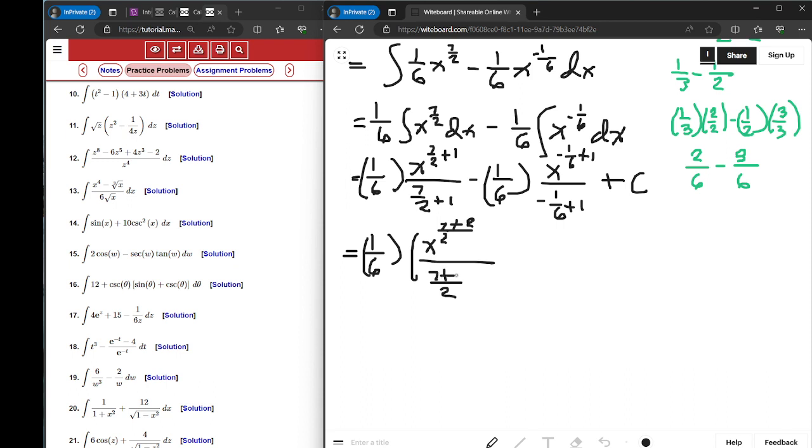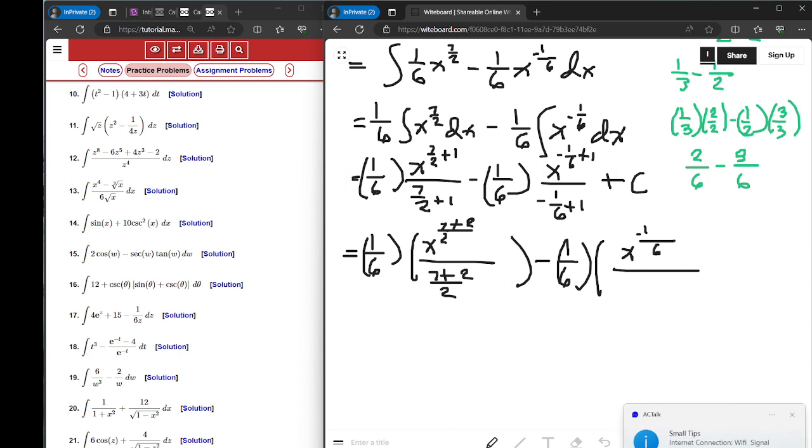So that's the least common denominator. Minus 1 over 6 times x to the negative 1 over 6 plus 6, so this is negative 1 plus 6 over 6, plus c.